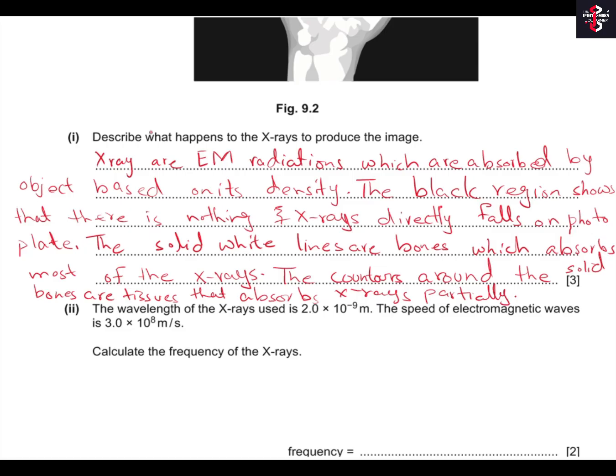In the second part, the wavelength of X-rays used is 2 multiplied by 10 power minus 9 meter. The speed of electromagnetic waves is 3.0 multiplied by 10 power 8 meter per second. Calculate the frequency. So we know that v equals f lambda.